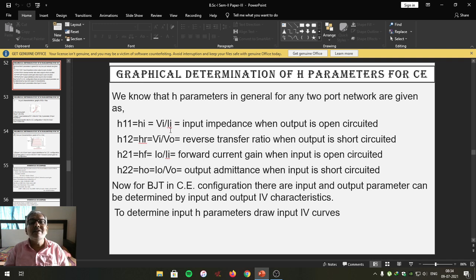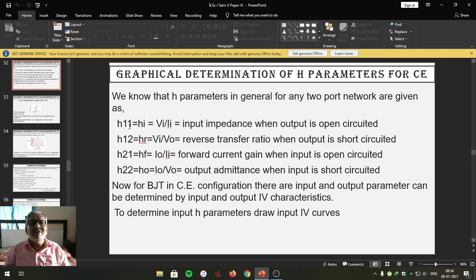Voltage upon current is resistance; for complex aspect, we can call that an impedance. Accordingly, we can say H11 equals Hi, and that is known as input impedance when output is short circuited. Remember, you have already studied it, we are just revising.